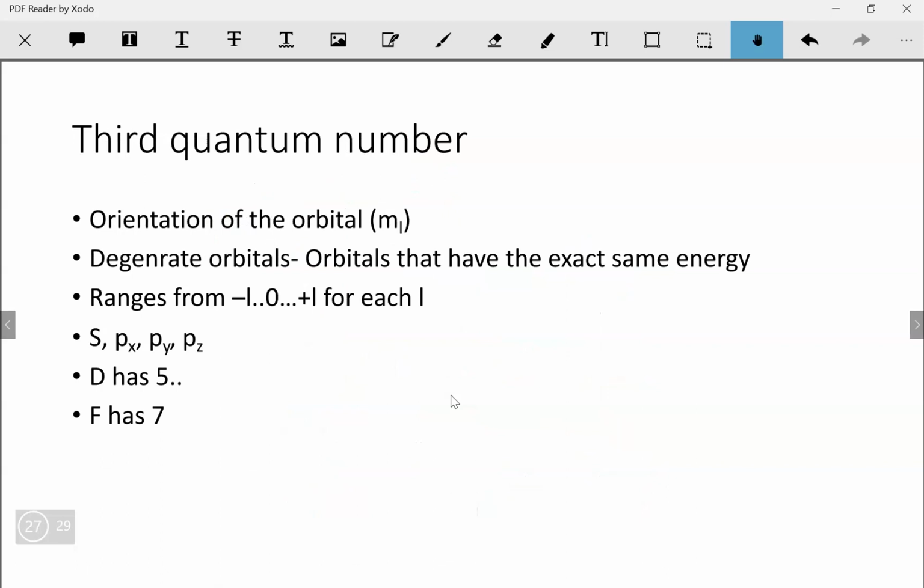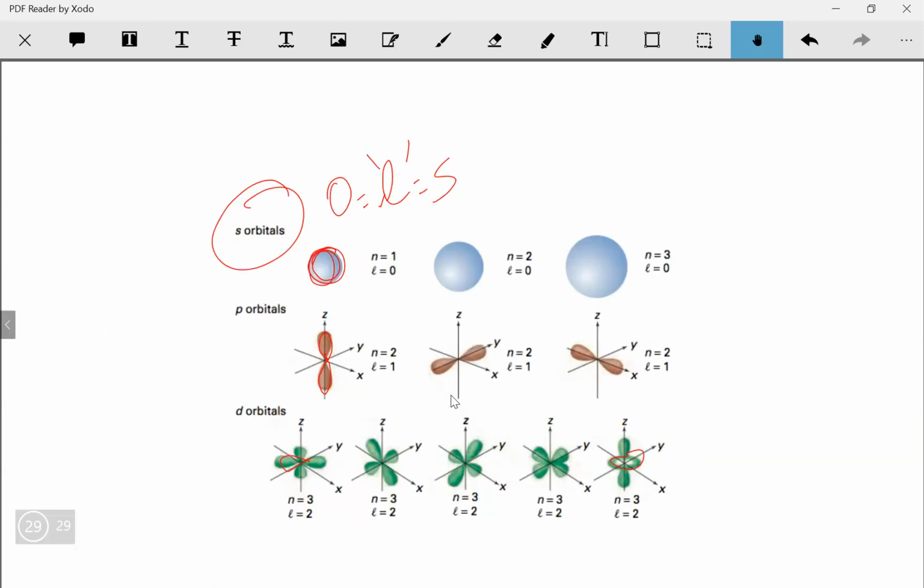The third quantum number is the magnetic quantum number, and this is also represented in the diagram. Here this is n equals 1, n equals 2, n equals 3. So this is a 1s orbital, this is a 2s orbital, this is a 3s orbital. All of these have the same n and l values.